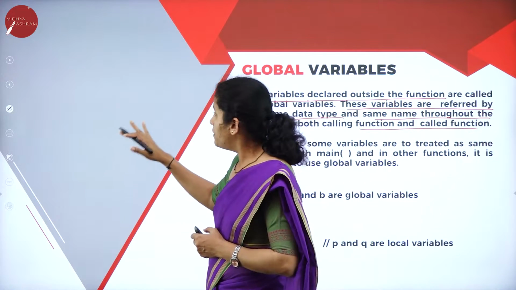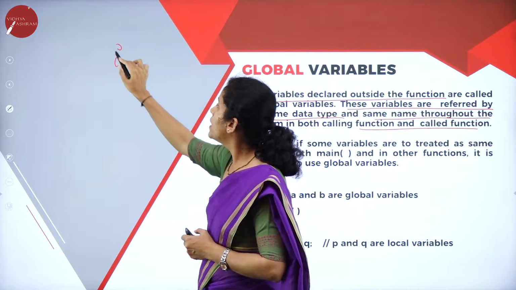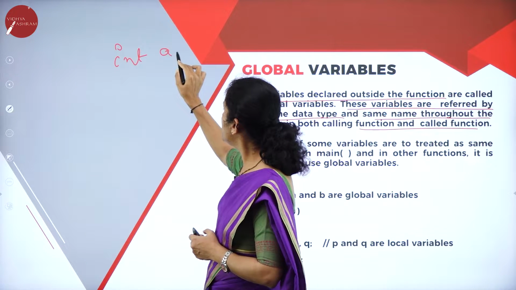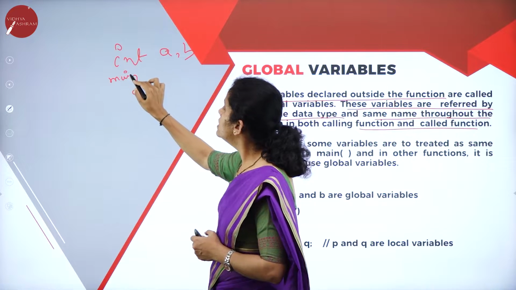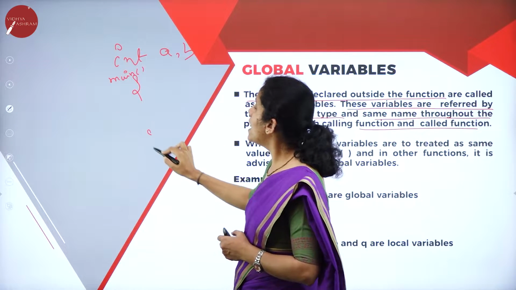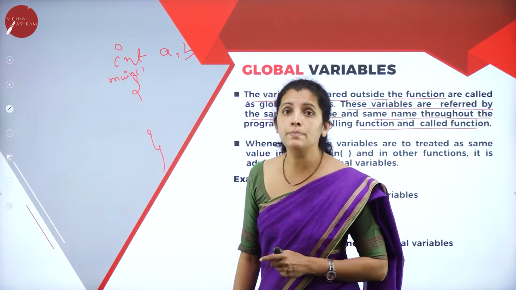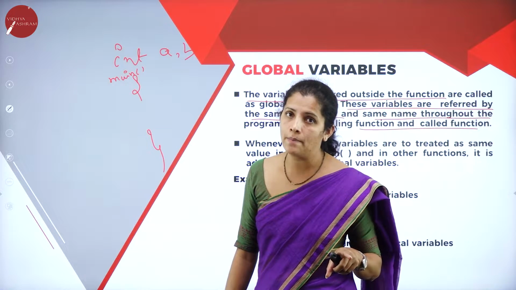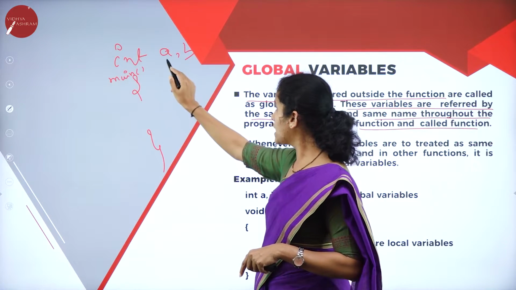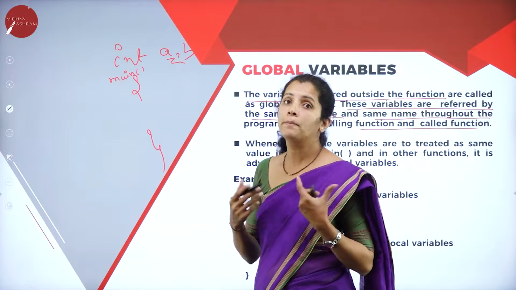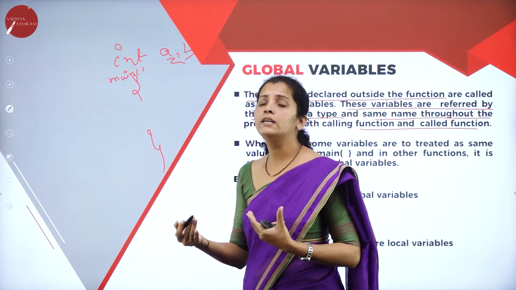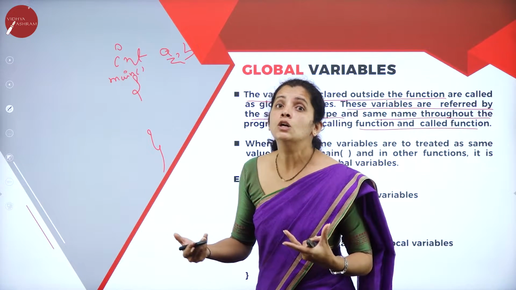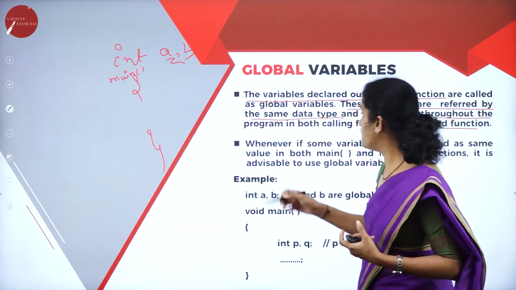That means if I write the variables above the main function, now these variables A and B are accessible throughout the program. That means I can access A and B in my main program as well as in my sub program. So it is globally available throughout the program.